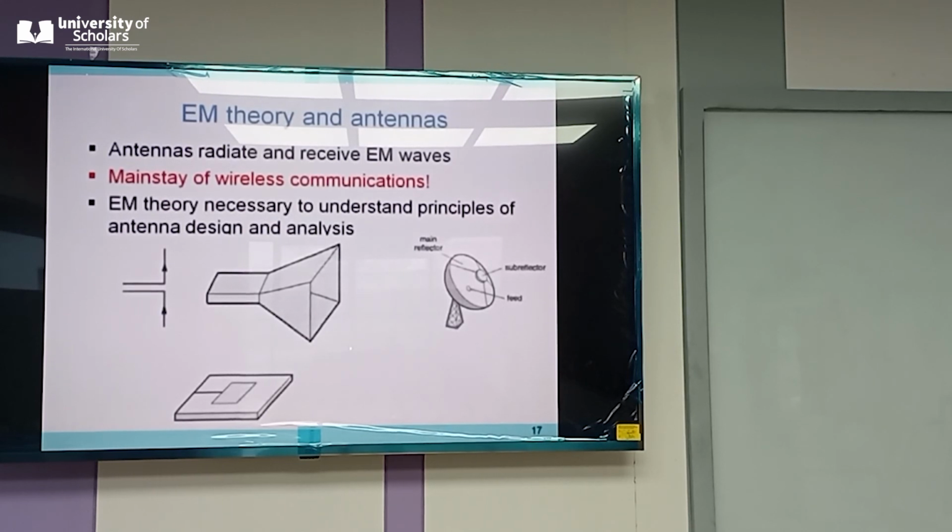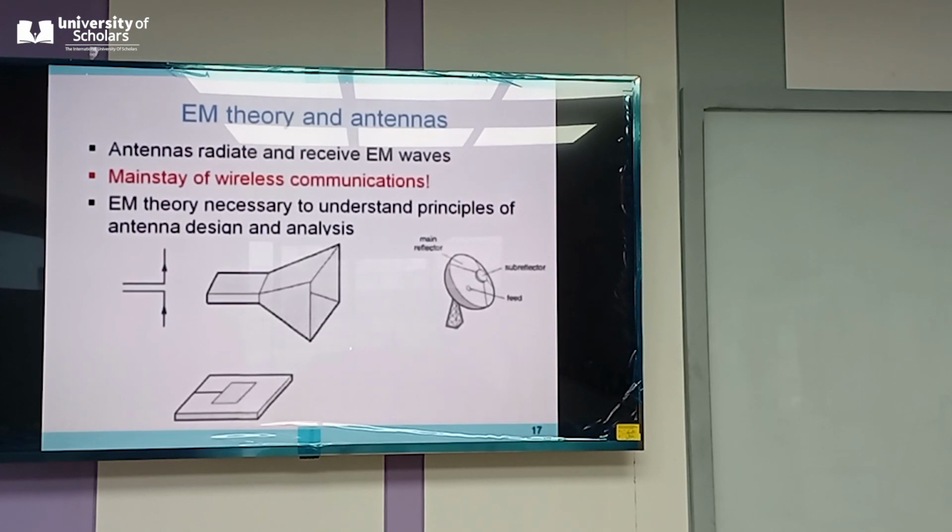This is a simple dipole antenna. This is a horn antenna. This is a reflective antenna, and this is a microstrip antenna. So there are different types of antennas over here. The question is, how exactly does the dipole antenna differ from a horn antenna or a pyramidal horn antenna?